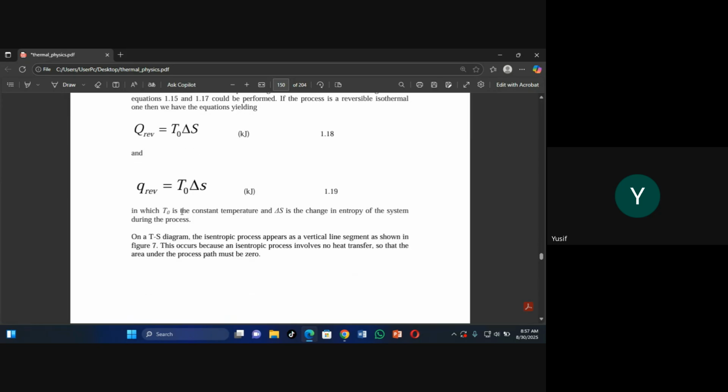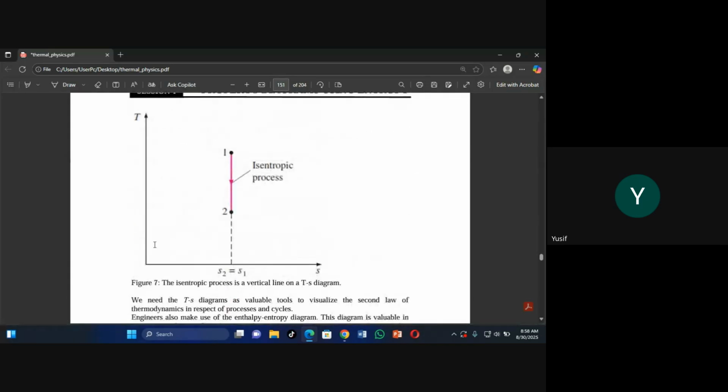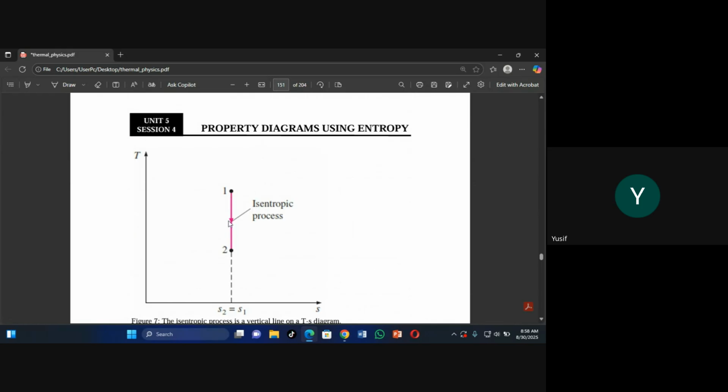In which T naught is the constant temperature and change in S the entropy change of the system during the process. On a TS diagram, that's temperature entropy diagram, the isentropic process appears as a vertical line segment as shown in figure 7. So if you take figure 7, when you take an entropy change, because we said if we talk about isentropic, it takes place at a constant what?